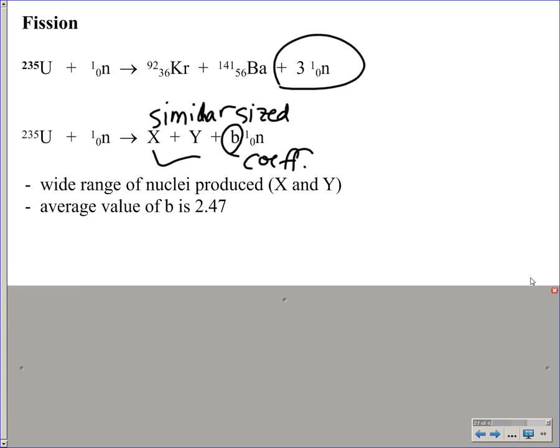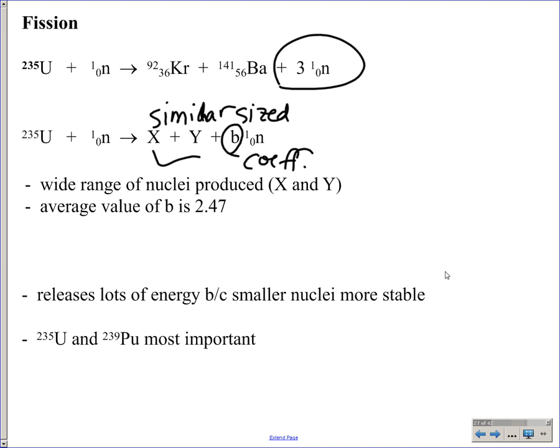And so in this case, our neutrons can vary between approximately 2 and 3, where B is that coefficient. So it's going to be between 2 and 3, with the average value being about 2.47, and of course we know 2.47 neutrons cannot be emitted. We're going to be between 2 and 3, which is just the average value here.